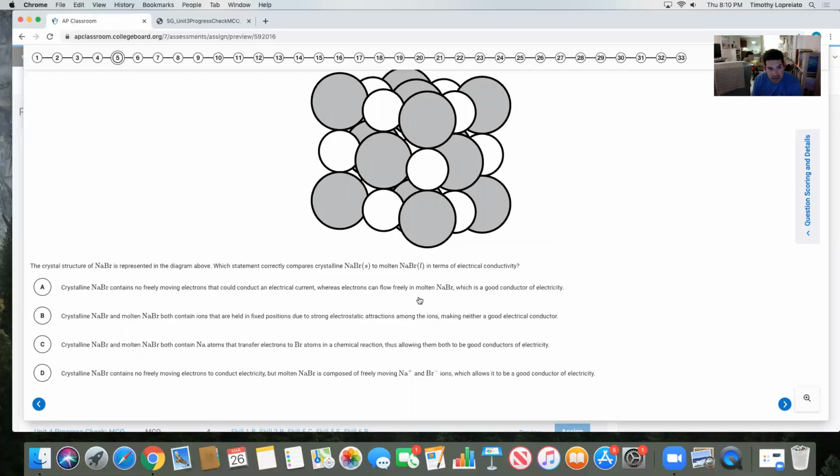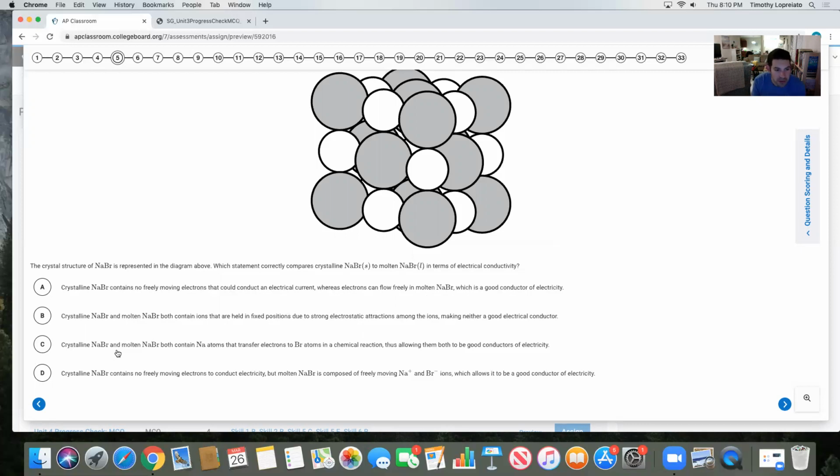That's okay. Is it going to be our best explanation? We'll see. Choice B, crystalline NaBr and molten NaBr both contain ions that are held in fixed positions due to strong electrostatic attractions among the ions, making neither a good electrical conductor. Well, true for the solid, not true for the liquid.